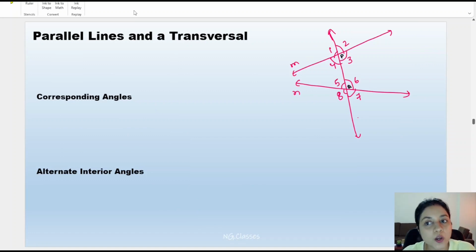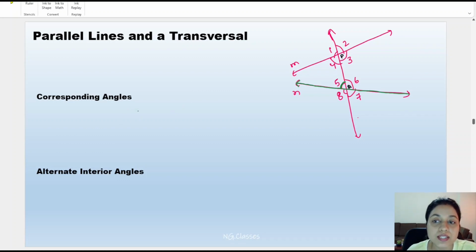Now let's see corresponding angles. Corresponding angles means the angles which are at the same place. So when we focus on line M, here we can see angle 1 is on the upper part of line M, and similarly when we focus on line N, we can see here angle 5 is also at the same place, on the same side of the transversal and at the same upper part of the line.